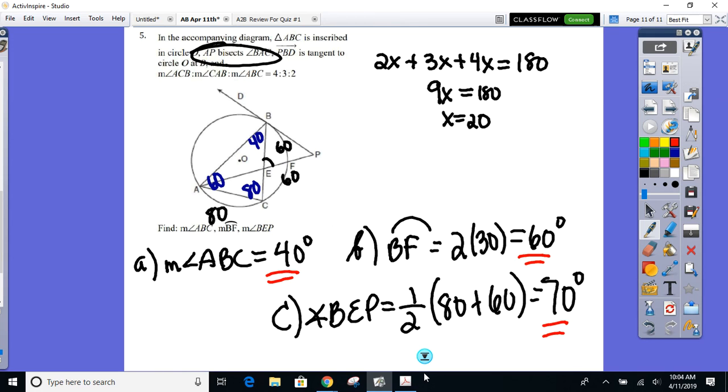Let me know if you have issues. I put the answers up there, the work. I don't need you to copy them down. I need you to check them. If you can't get one of them, let me know. I'll help you. In the directions, again, it says AP bisects angle BAC, so that 60-degree angle is getting cut in half. Yep, go ahead.